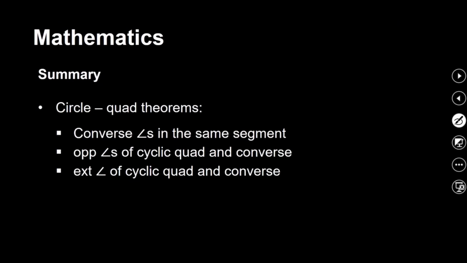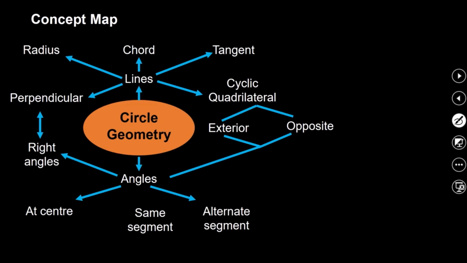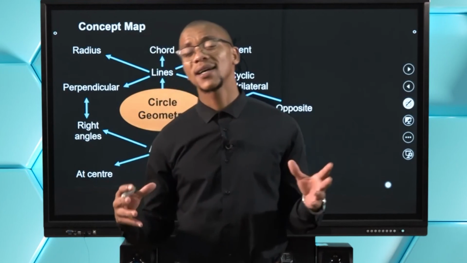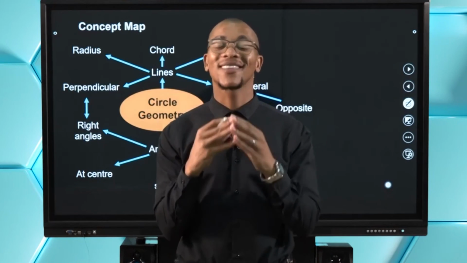So far we've looked at circle theorems where a converse is angles in the same segment, right? That's what we're talking about in terms of a cyclic quad. We also know opposite angles of a cyclic quad and also its converse. The last one is exterior angles of a cyclic quad and its converse. And so far that's our concept map. So guys, that's what we had for this lesson.